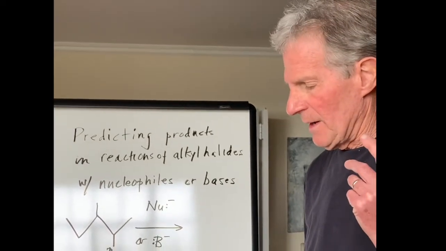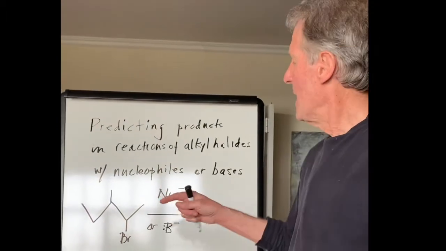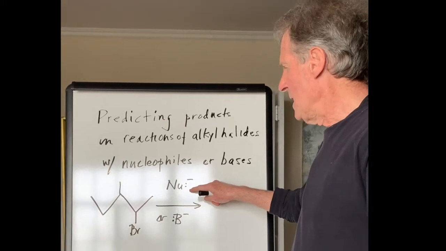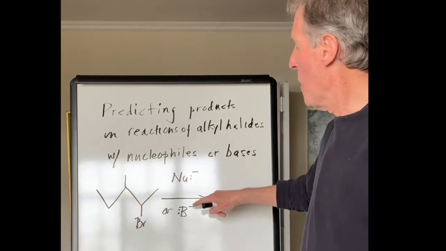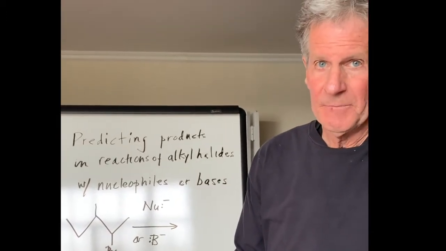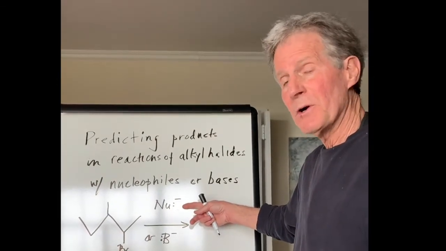Now, I pointed this out, that Smith tends to judge the quality of a nucleophile, the nucleophilicity of a chemical species, or the basicity of a chemical species. Nucleophilicity means the ability for the nucleophile to form a bond to a carbon.